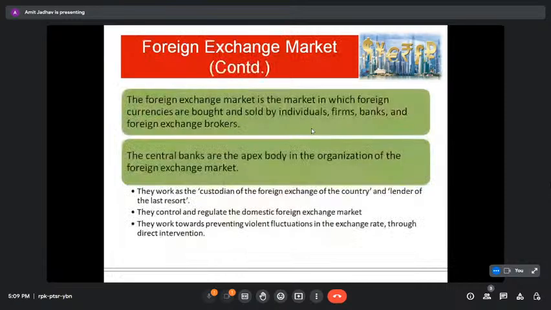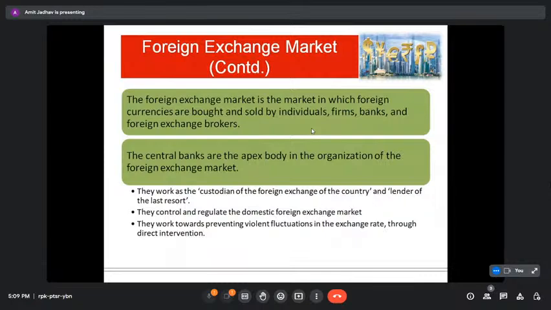Basically, the foreign exchange market is the market in which foreign currencies are bought and sold by individuals, firms, banks, and foreign exchange brokers. When we want to define the foreign exchange market in simple language, we can say it is the market where foreign currency is bought and sold by individuals, firms, banks, and foreign exchange brokers.